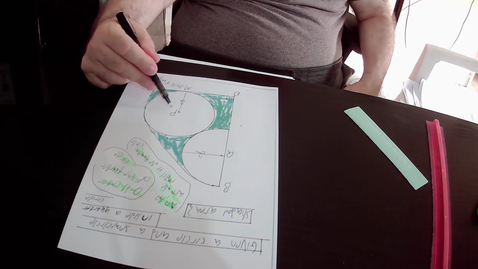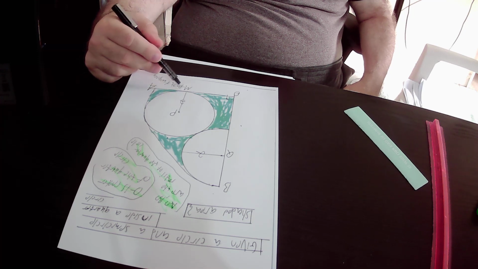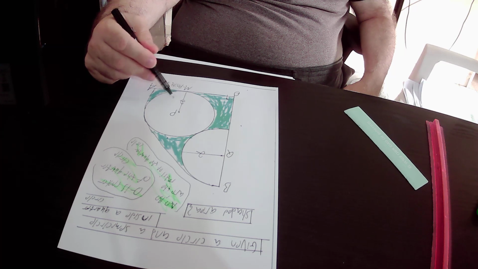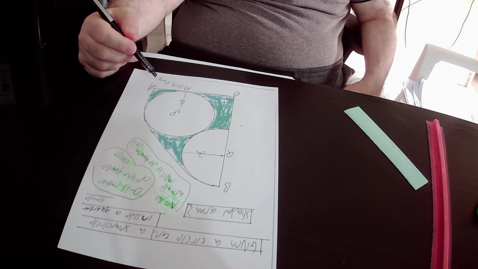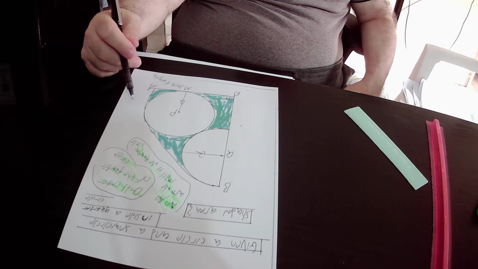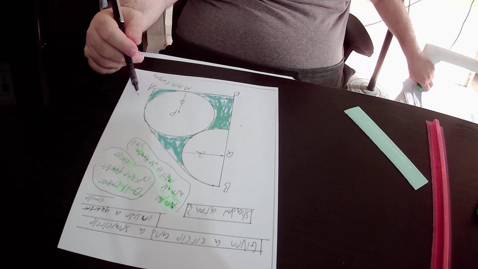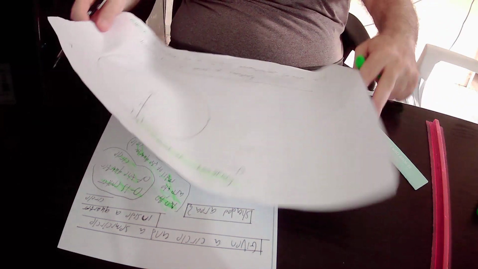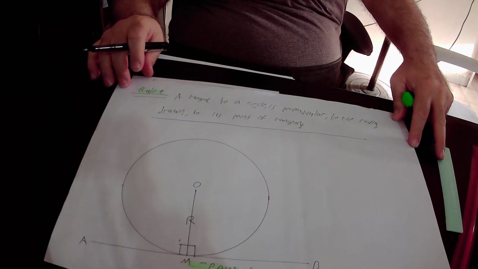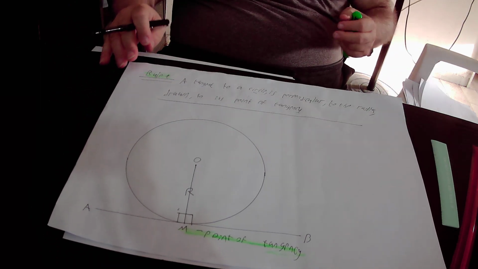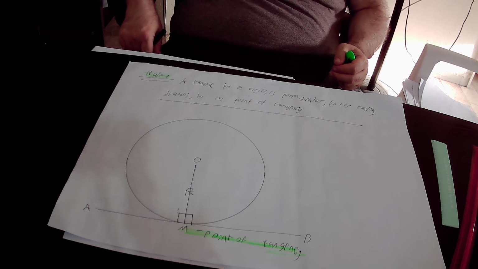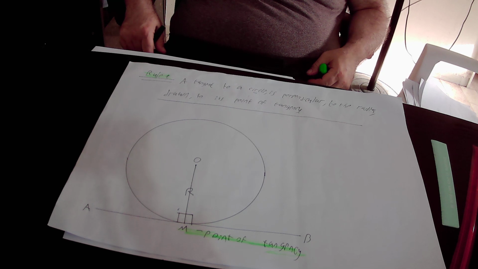Point P is the center of the circle, and point M is a point on the circle itself, therefore line segment PM is the radius of this circle. Here we have rule number 1: a tangent to a circle is perpendicular to the radius drawn to its point of tangency.